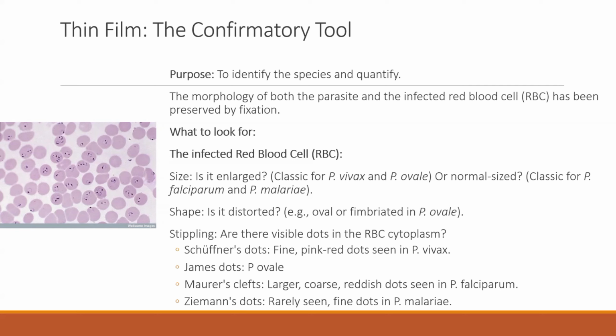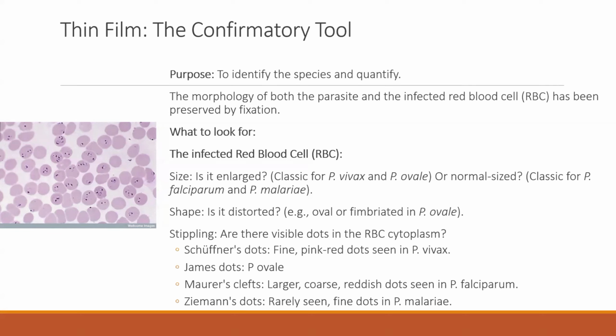And then another thing that we are looking for is the stippling. Stipplings are visible dots in the RBC. So we have the Schüffner dots. Schüffner dots are seen in P. vivax. They are always pink to red dots seen in P. vivax. We have the James dots.